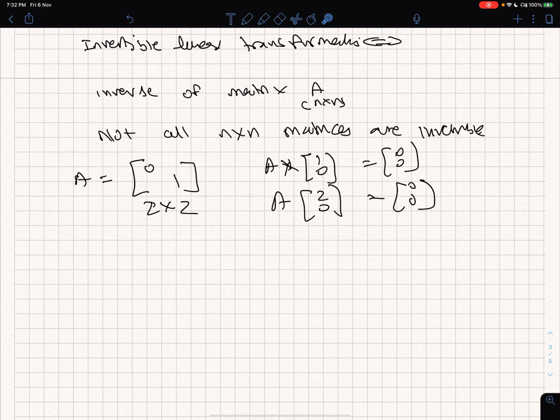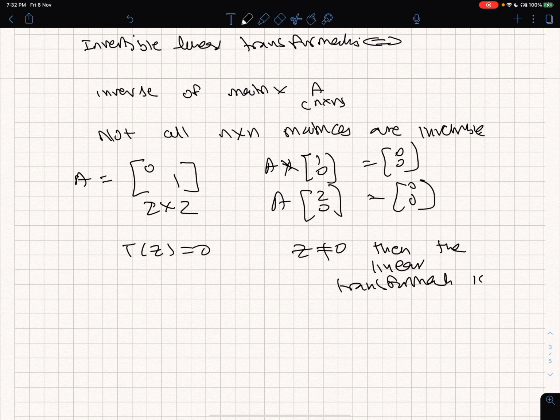This is usually the test for checking whether your transformation is invertible or not. If you have Tz equal to 0, z not equal to 0, that's it. Then the linear transformation is not invertible.